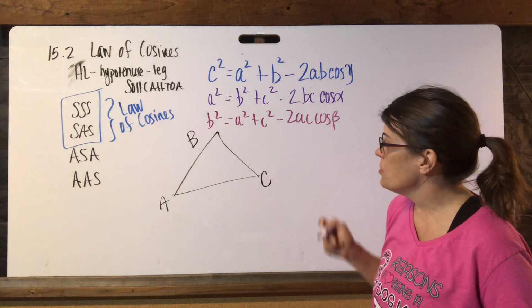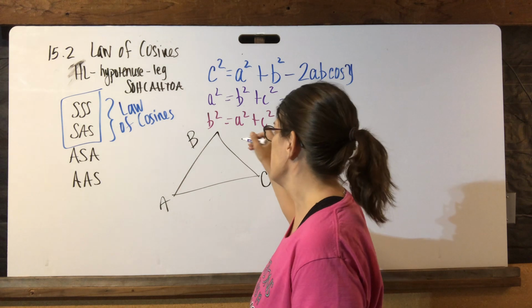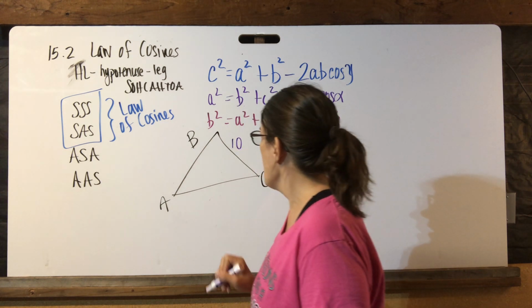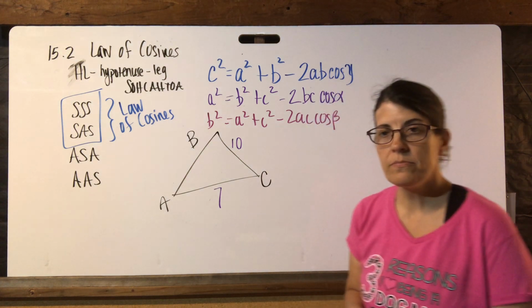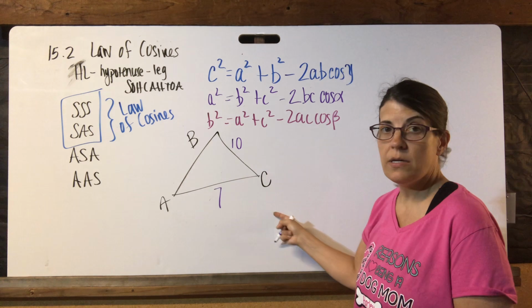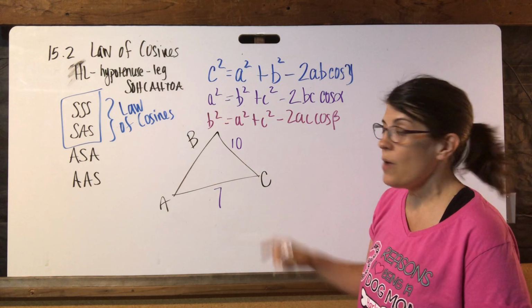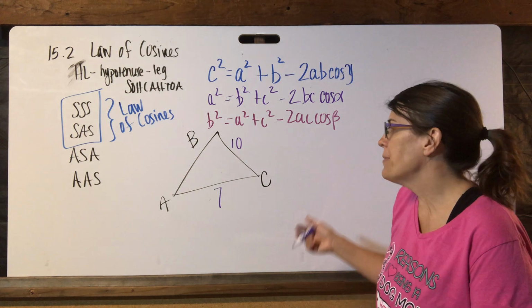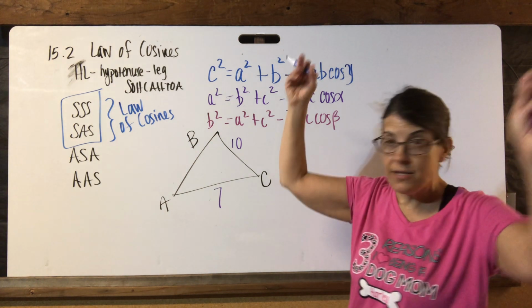So how about we do, let's say that side A is 10 and B is 7. So if you're going to use side, angle, side, I have to give you gamma. If I'm going to use side, angle, side, I need to know angle C. So how about 39 degrees?